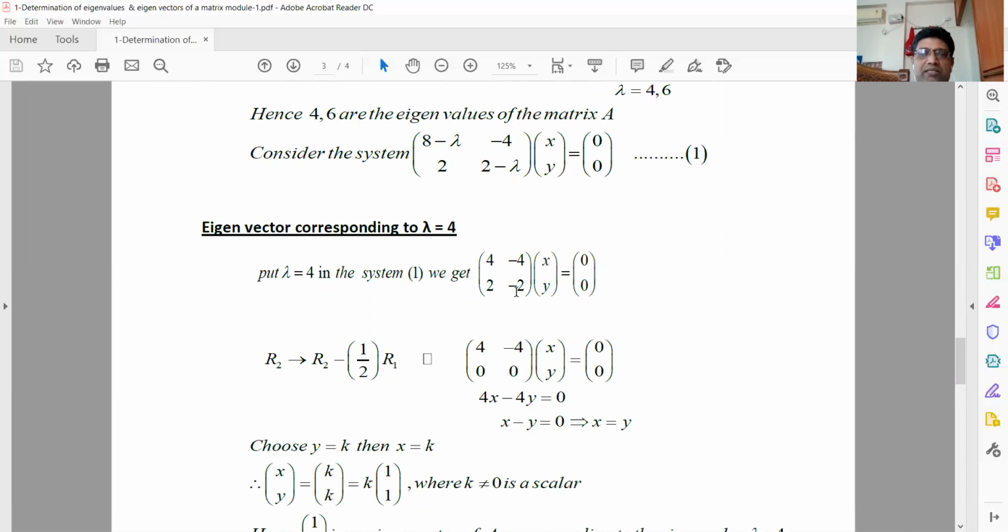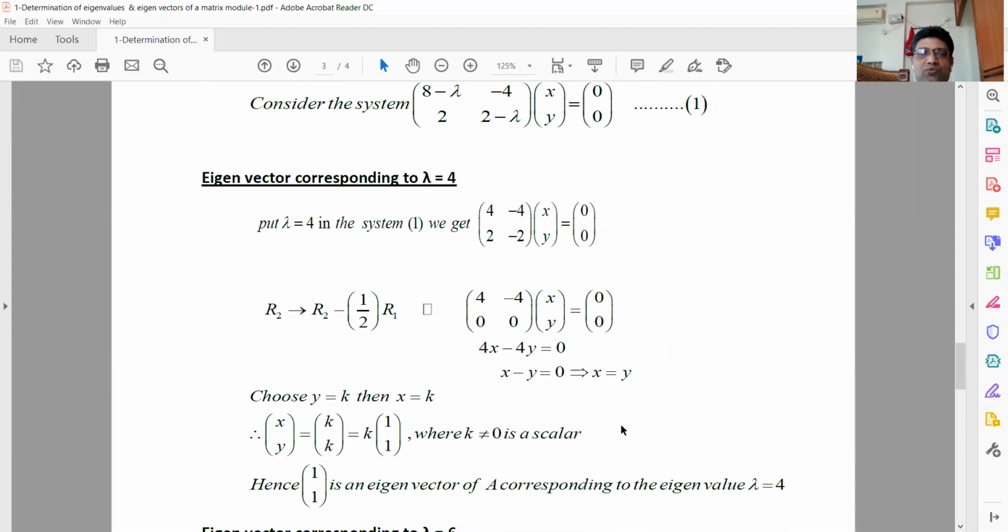To do this, I am multiplying row 1 with minus 1 by 2, and then subtracting: row 2 minus 1 by 2 times row 1. Therefore, I will get 0, 0. So from this I will get 4x minus 4y is 0, which is x minus y is 0, x equals y.